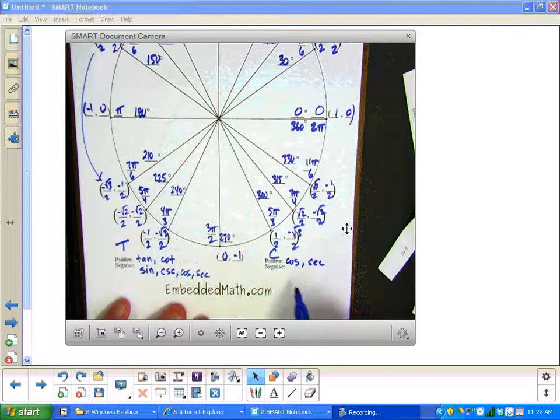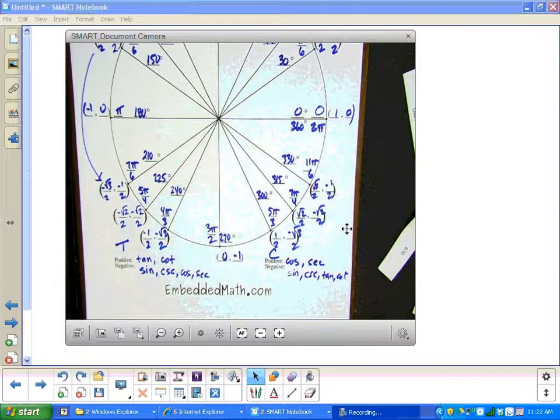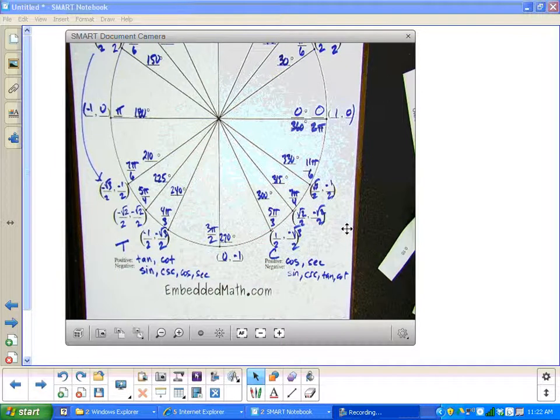All right. So which ones are negative? Sine, cosecant, tangent, and cotangent. All right. So if you know the positive ones, by default, the rest of them are negative. Okay. Now, let's do this.